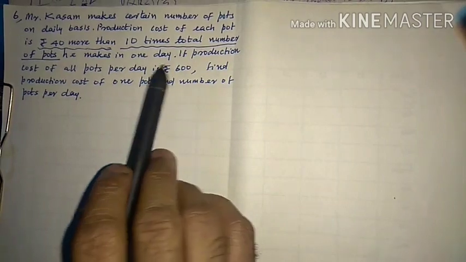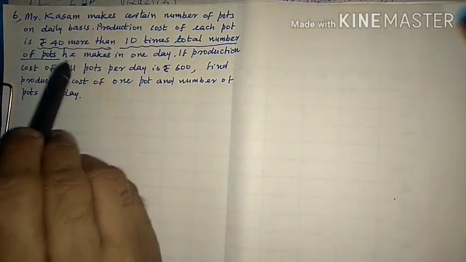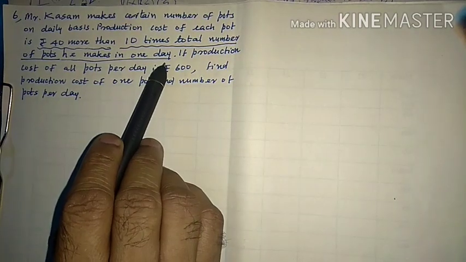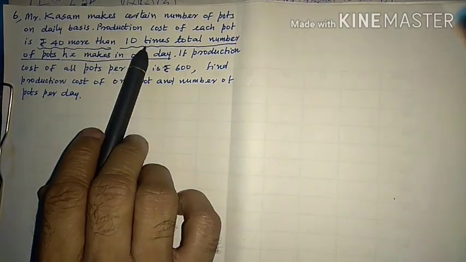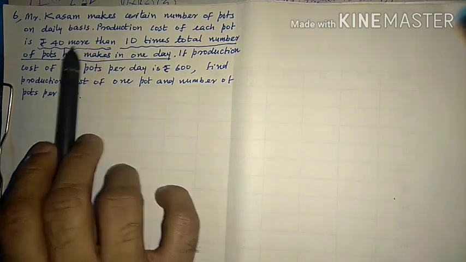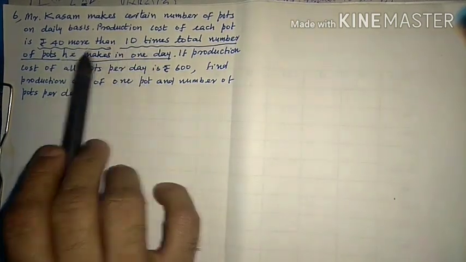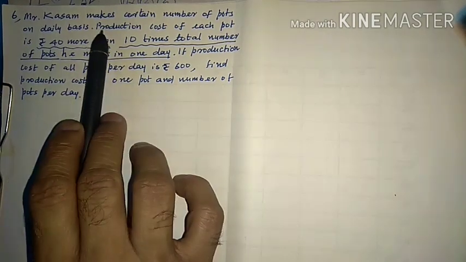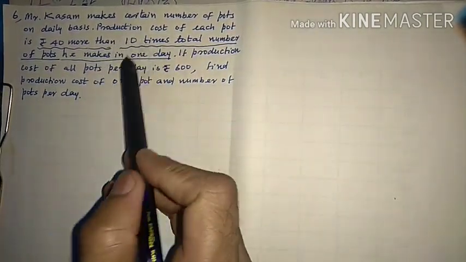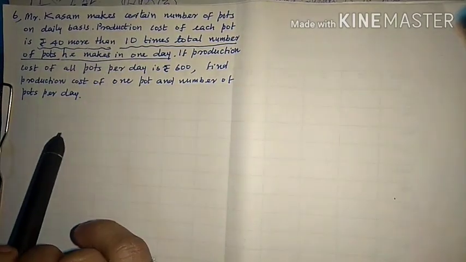So the total number of pots he makes in one day, suppose it is x. Then 10 times of that, 10x, but 40 more, so 10x plus 40. That is the production cost of each pot. Only this much you have to understand.